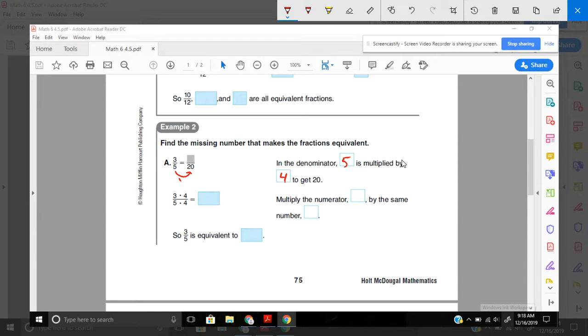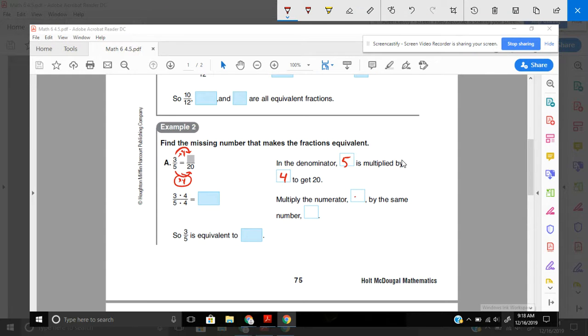Okay, so I multiply by 4 on bottom. If I want to keep these fractions equivalent, I also need to multiply by 4 on top. So I need to take 3 times 4 to find my missing numerator. And that's the same thing they're showing here, multiplying by 4 on top and bottom.